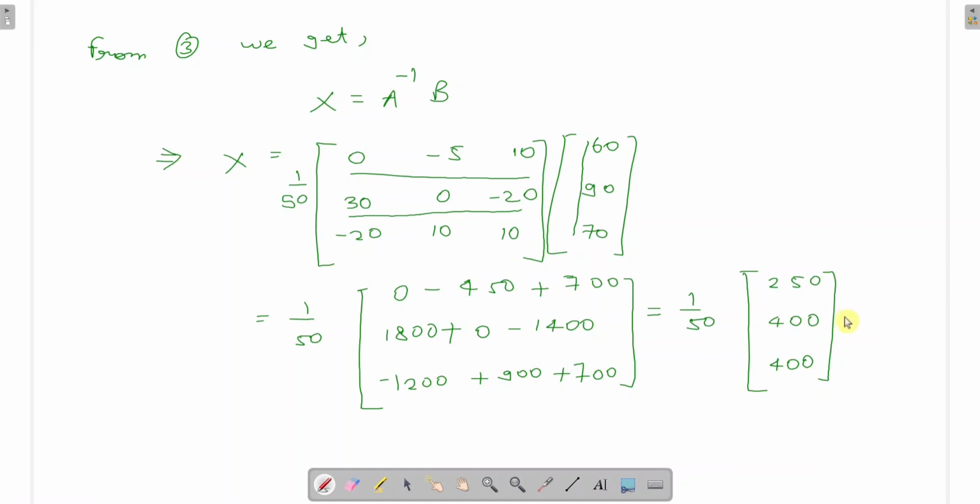So now what we have to do here is multiply 1 by 50 to each of the terms in the column matrix here. So what we'll get is 250 by 50, then 400 by 50 and 400 by 50.